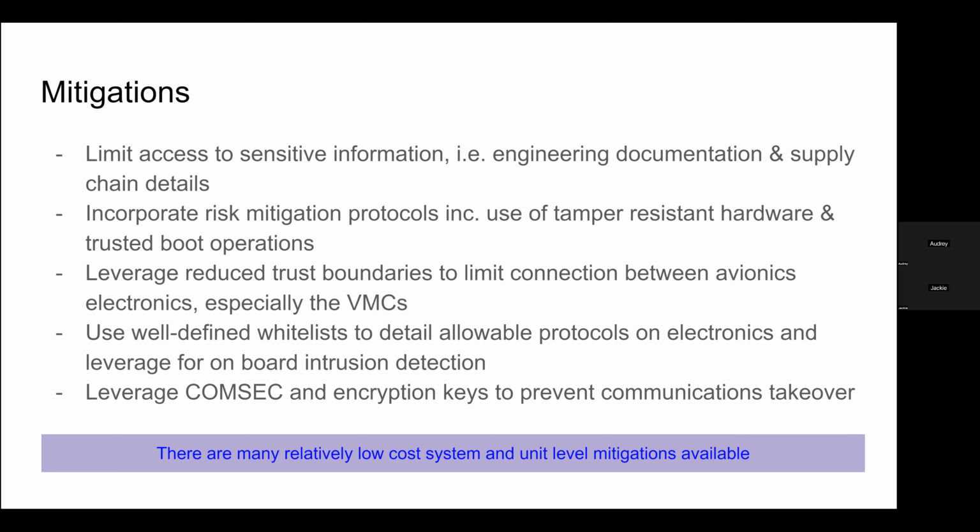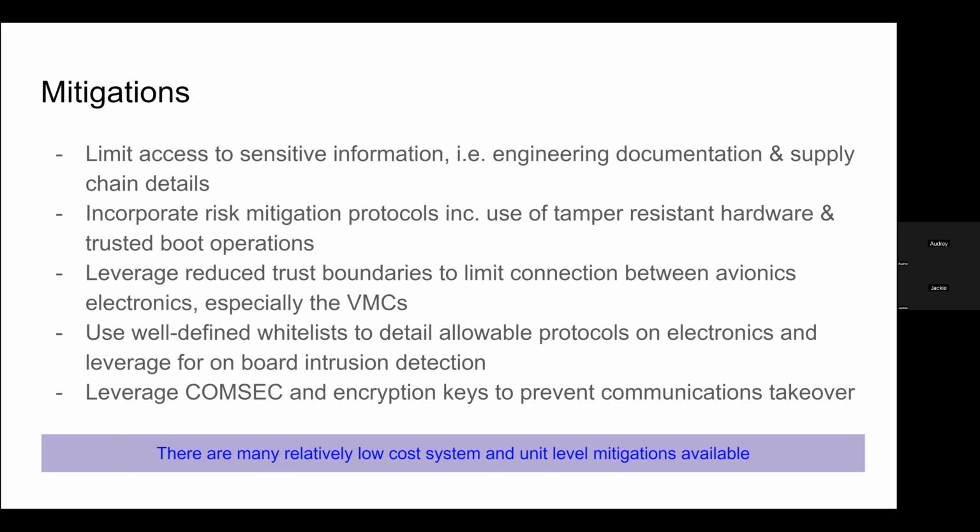Leveraging more trust boundaries between avionics and electronics to limit connection between them, and especially connection to the VMCs. Defining whitelists to detail allowable protocols on the electronics, and then using them to detect for onboard intrusion. And then finally, leveraging things like ComSec and encryption keys to make sure that an attacker isn't able to take over communications.